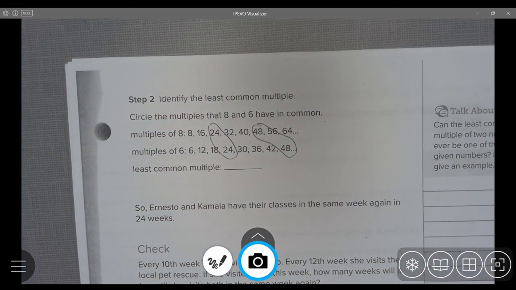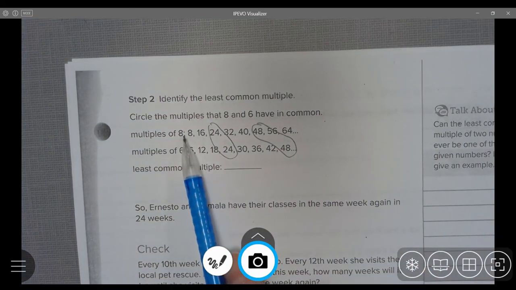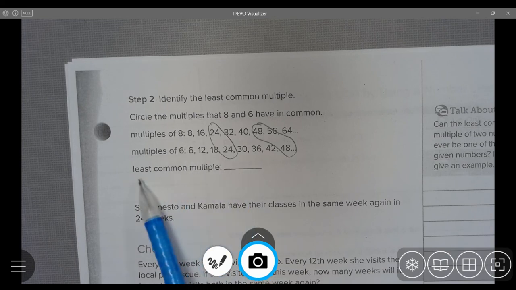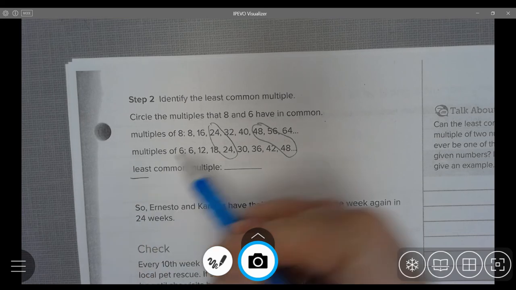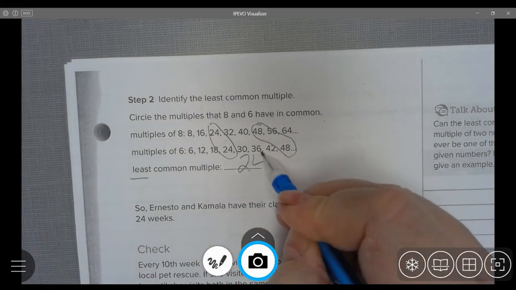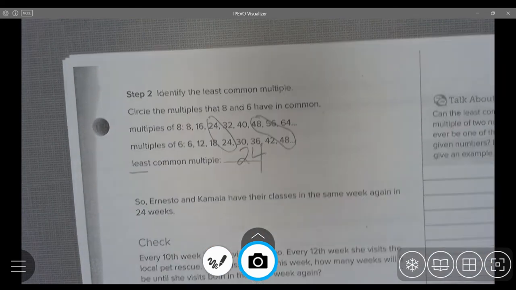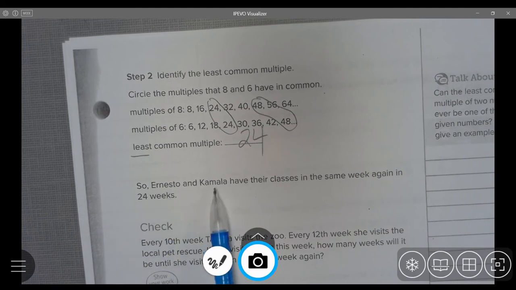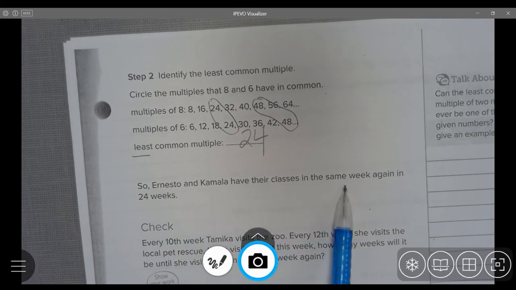Those are the multiples the same in both lists. We're looking for the least, or the smallest, and that would be 24. So Ernesto and Camilla will have their classes in the same week again in 24 weeks.